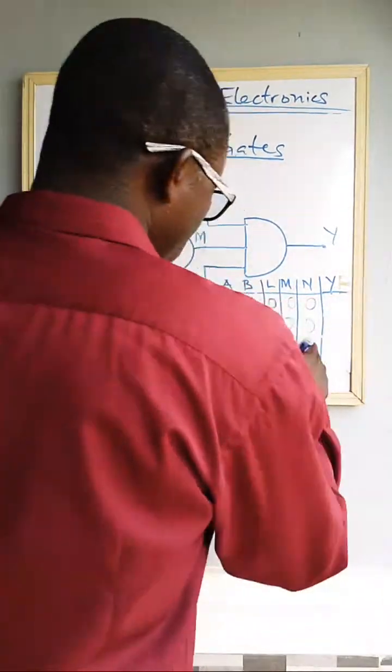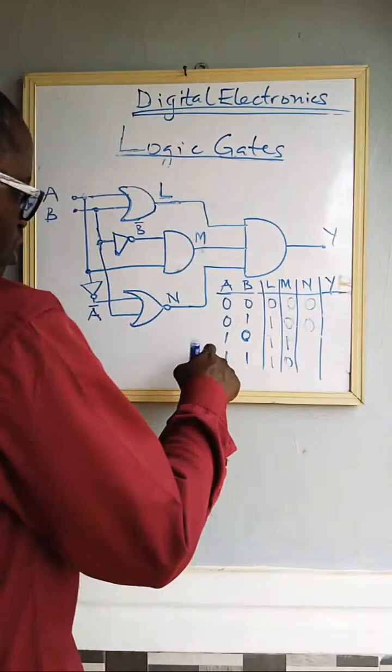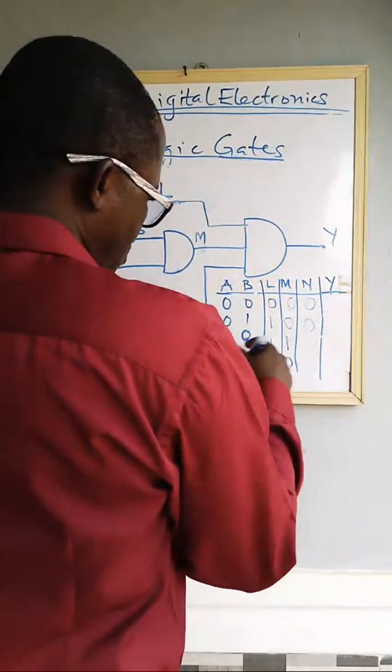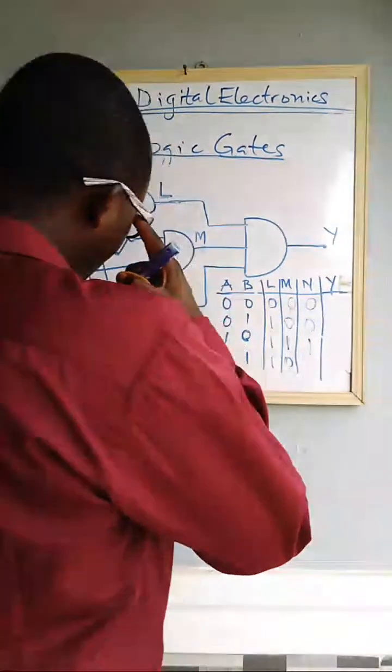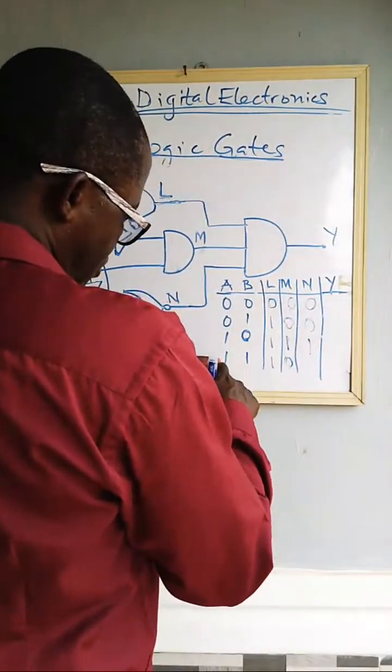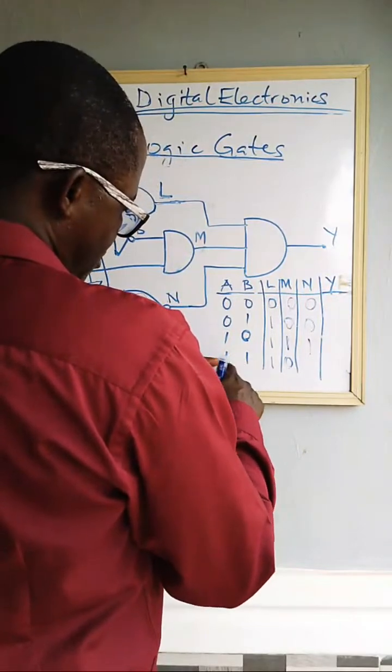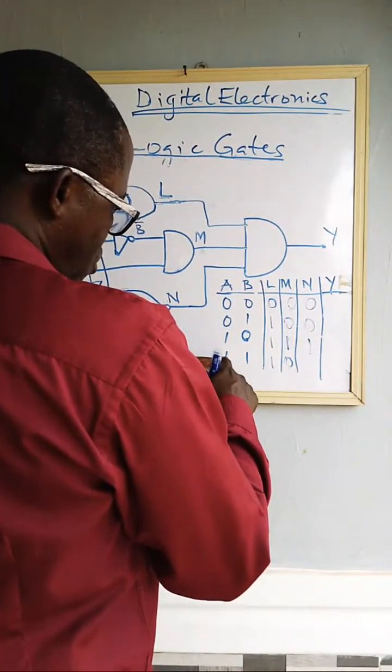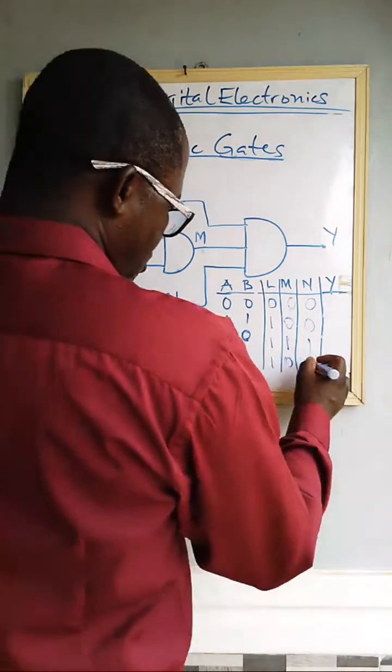Alright? So that gives us 0 also. Here, 0 and 0 will give us a 1. And also, inversion of 1 will be 0. 0 and 1, 0 or 1, that gives us a 0.